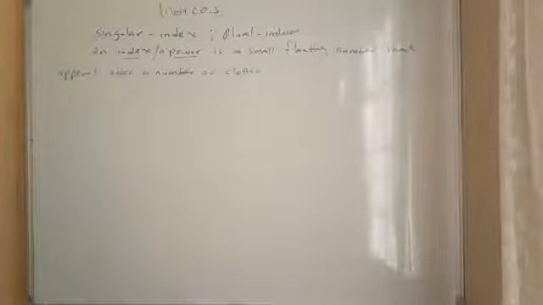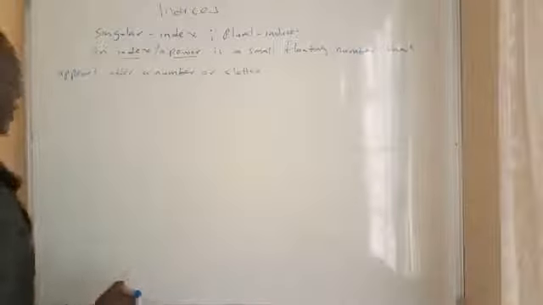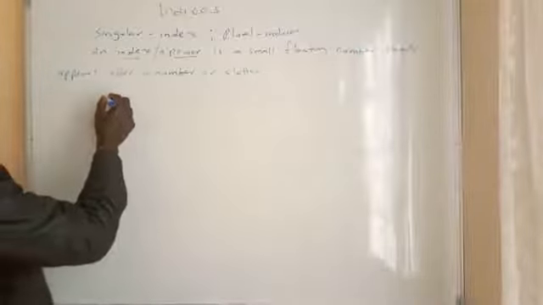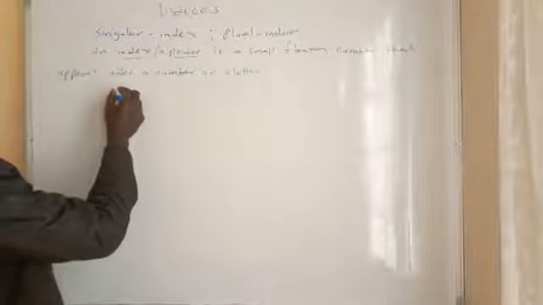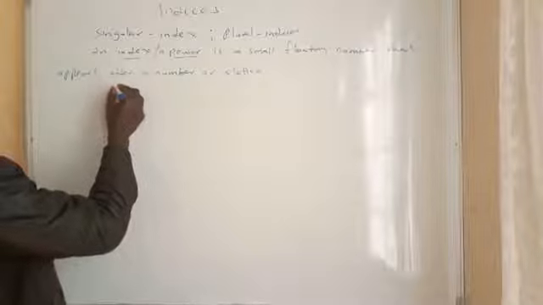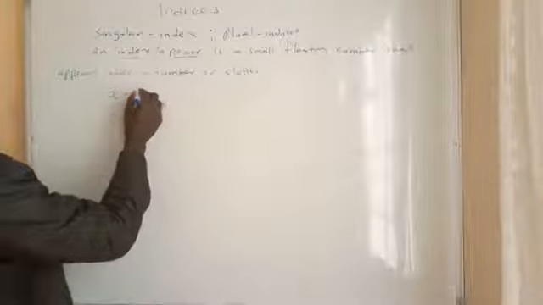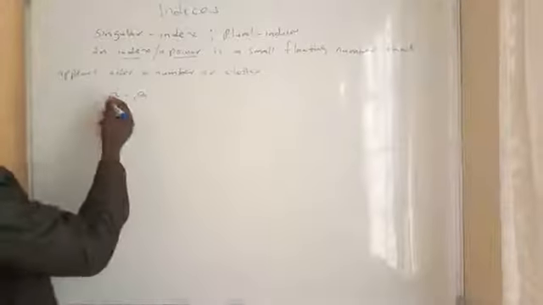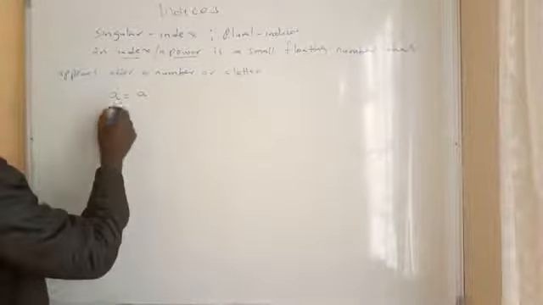That is theory. In terms of mathematics, I'll give an example. If I have a power 3, for example, let me begin with a power 1. We all know that a power 1 is equivalent to a. That's a number multiplying by itself, so it's a once, so that is a.